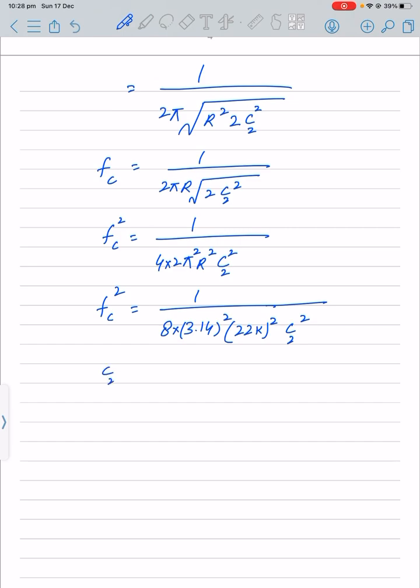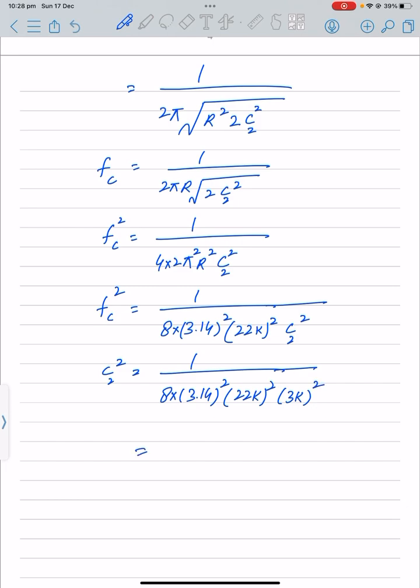So we can simply write that C2 square can be equal to 1 over 8 into 3.14 square into 22 kilo square, and Fc square equal to 3 kilohertz square. After solving that, you will get around C2 equal to 0.0017 microfarad.